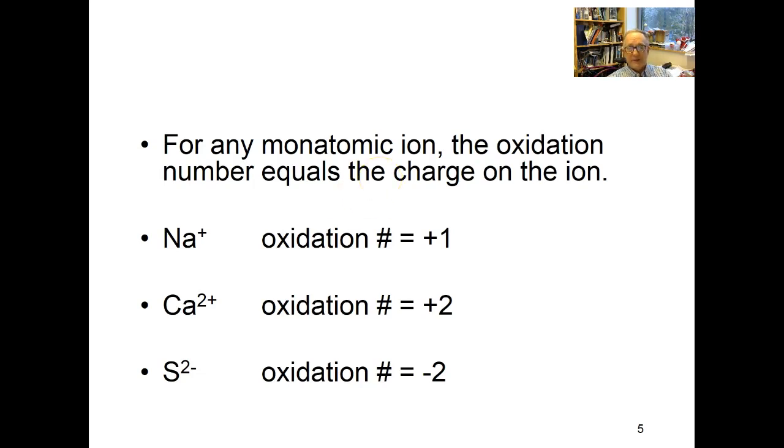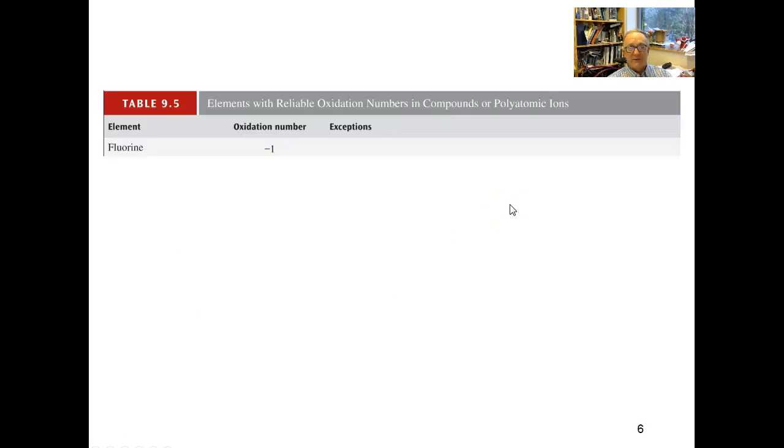When we're looking at nonmetals in a compound other than the elemental state, there are also some rules. Fluorine in a compound is always going to have an oxidation number of -1. Not talking about F2, molecular fluorine, but fluorine in a compound.